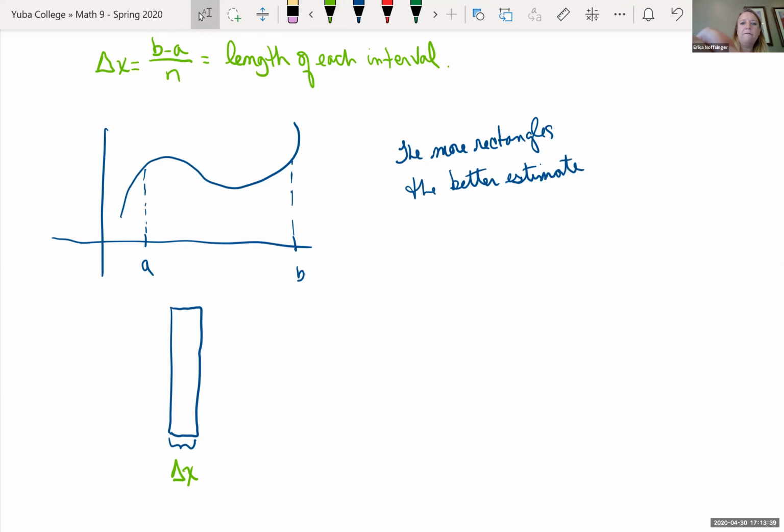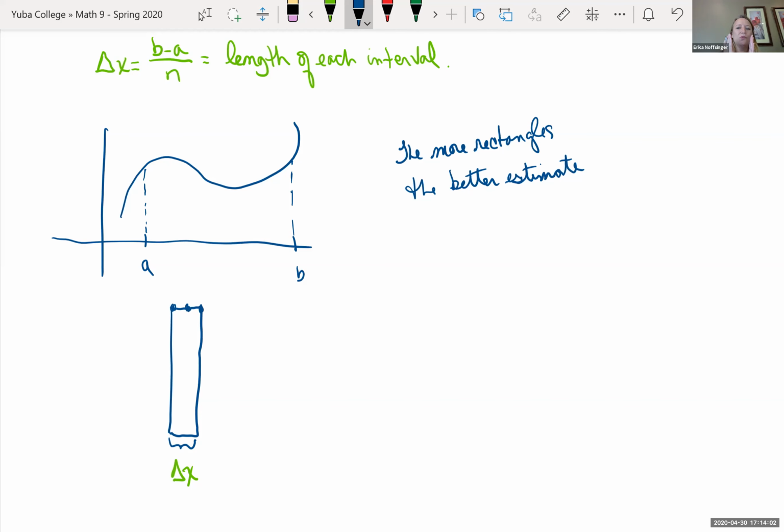And so from here, let's just choose some arbitrary value. At the beginning, we either choose a left endpoint for our height, or the right endpoint of that rectangle for our height, or a midpoint, in between there.